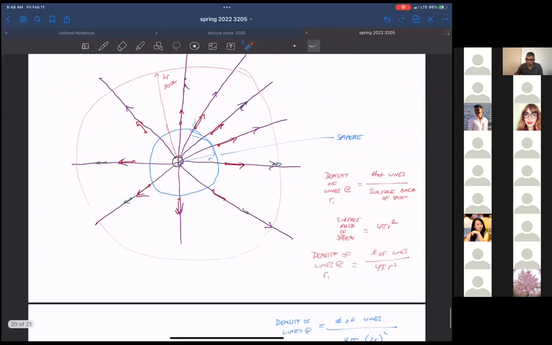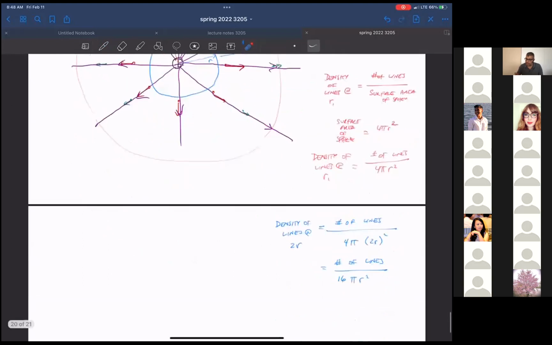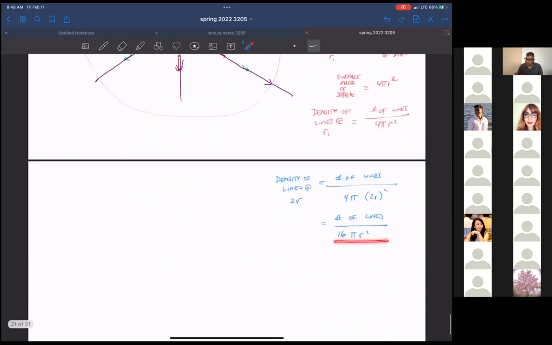We went twice as far away, and the density of the lines dropped by a factor of 4. This was 4, this is 16, right? So if I write this, this is equal to the number of lines divided by 4 times 4 pi r squared.